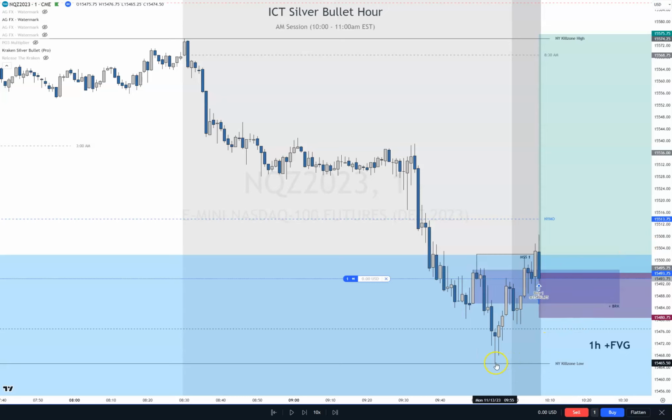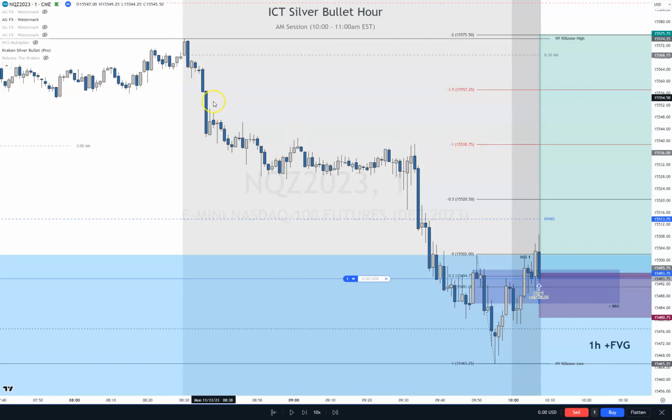Let's pull the fib from here to here. That's the manipulation leg, right? And let's see, the 2 standard deviations lines up pretty close with the New York Killzone. So to me, that's another good way of making sure we're targeting high enough. I think in other videos, a long time ago, I'd probably aim for these relatively equal highs here, right around the 1 standard deviation. I can see that there might be some reaction right in here. It wouldn't surprise me.